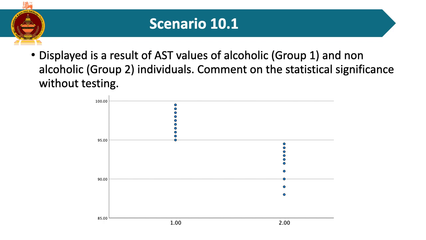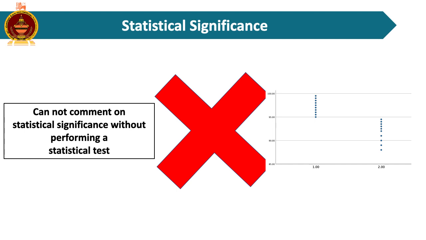In this kind of situation, if you have a good understanding of statistics, you need to understand that this is going to be significant at any level of significance or any level of predetermined cutoff value. So, it is false to conclude that we cannot comment on statistical significance without performing a statistical test. We can always have some idea about the statistical significance by visualizing the data.